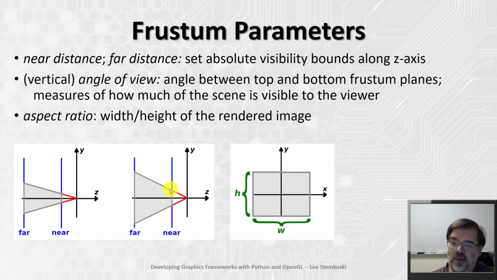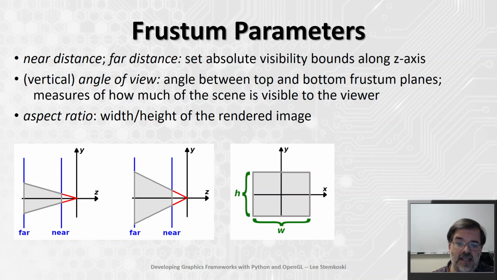Once you know the top and bottom values for the y range, you could combine that information with the aspect ratio to figure out the range of x values. You could also use a horizontal angle of view, but it's a lot easier to work with the aspect ratio so your image appears without distortion with the dimensions that you'd like.